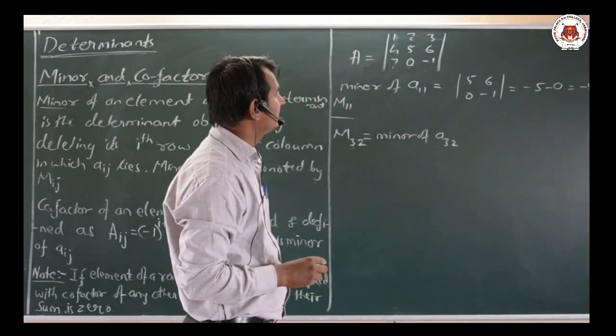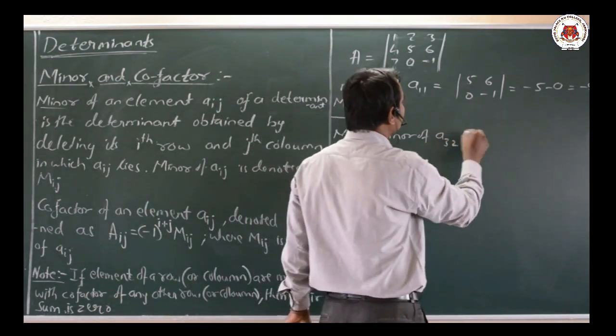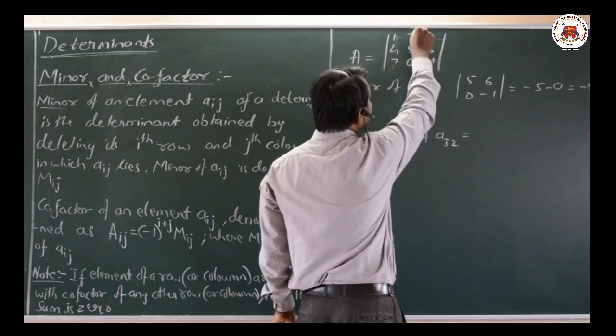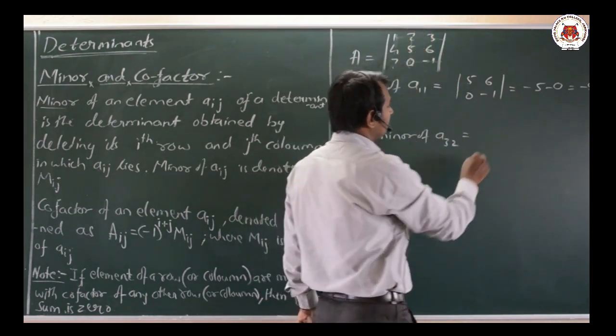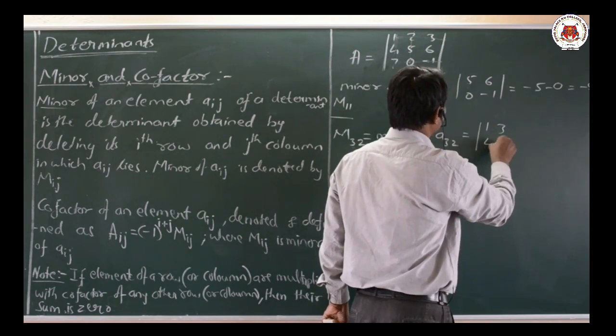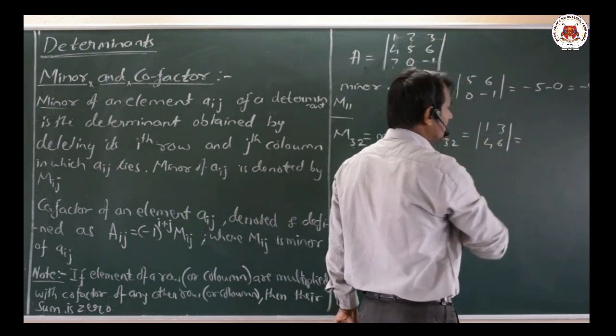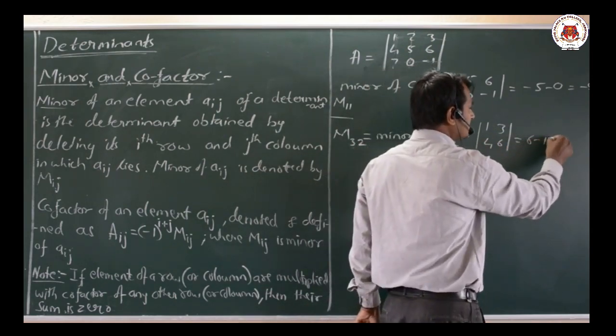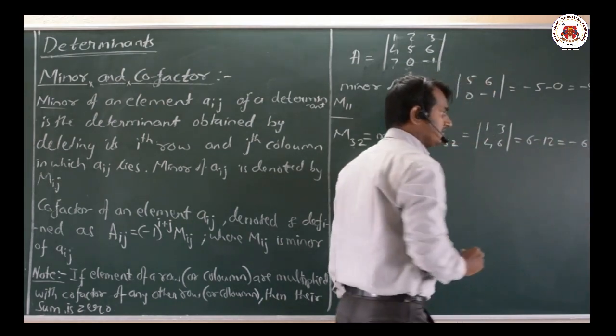We delete this row and this column. We get the determinant of 1, 3, 4, 6, which is equal to 6 minus 12, that is minus 6.